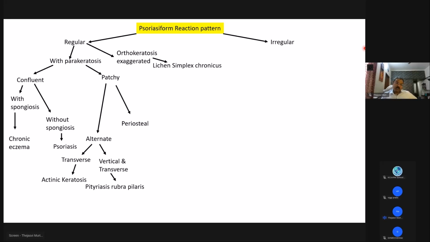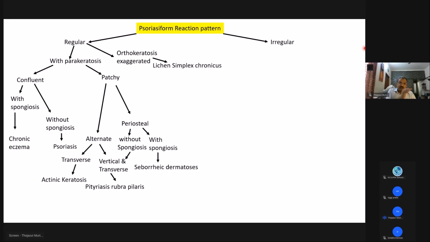Now coming on to periosteal patchy parakeratosis without spongiosis. Again, if you observe vertical and transverse parakeratosis, then it is pityriasis rubra pilaris again. But with spongiosis, it is seborrheic dermatosis.